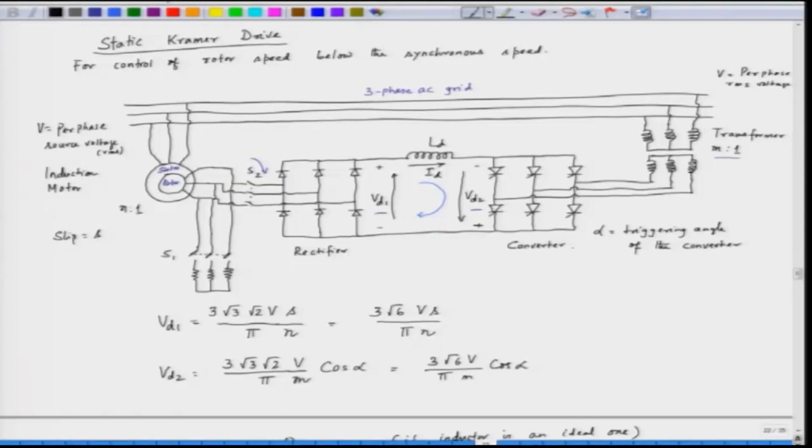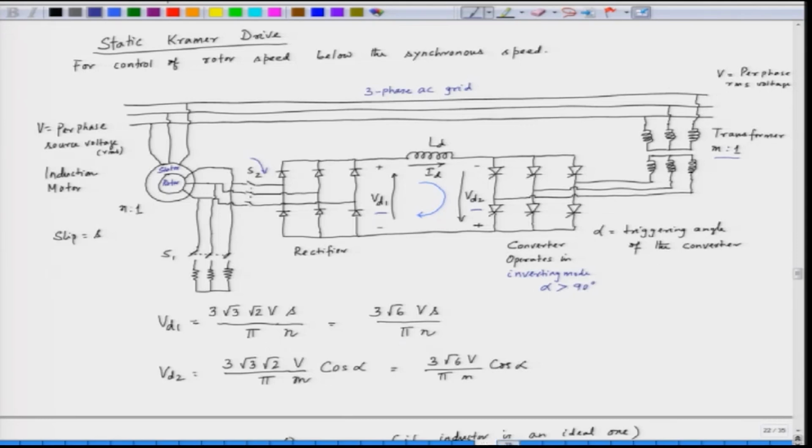So, this converter is actually operating in the inverting mode. It means alpha is greater than pi by 2, alpha is greater than 90 degree.